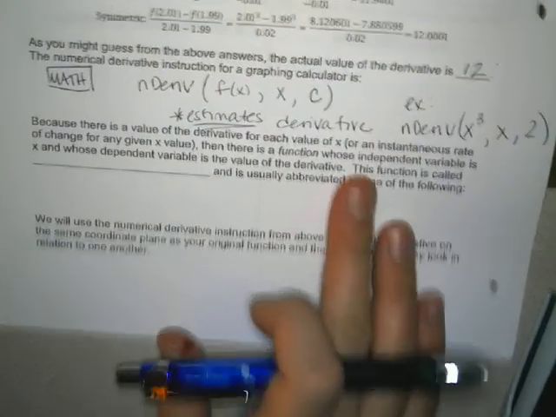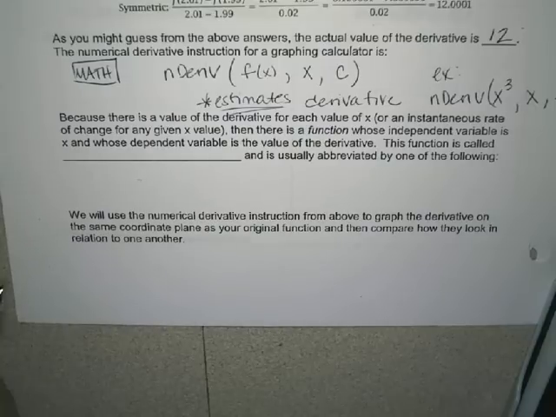Because there is a value of the derivative for each value of x, you could think of it as an instantaneous rate of change for any given value x, or at any given time for a function, you might be going at a different speed at every single x value. But because there's a value of the derivative for each value of x, there is a function whose independent variable is x, and whose dependent variable is the value of the derivative.